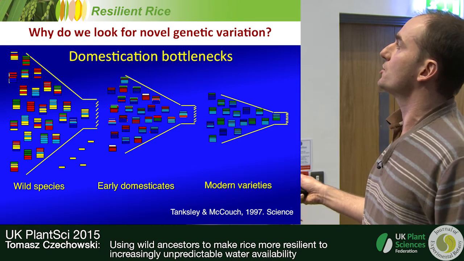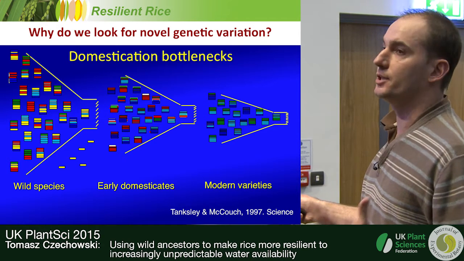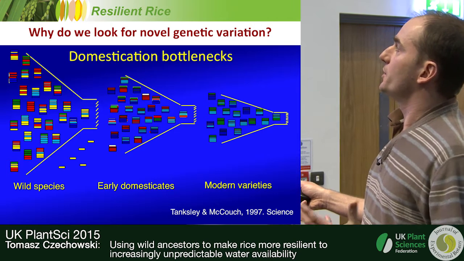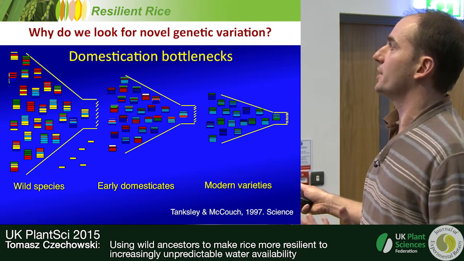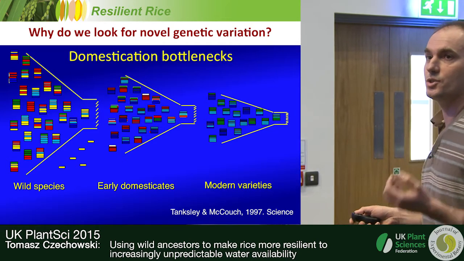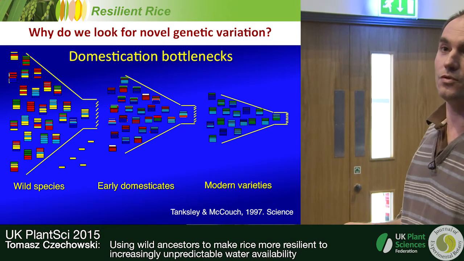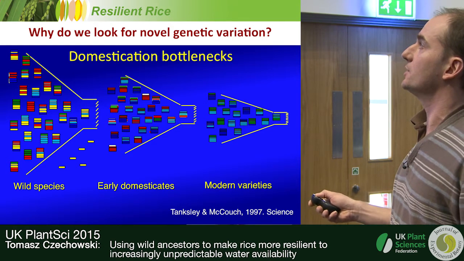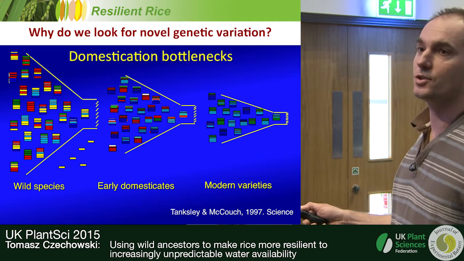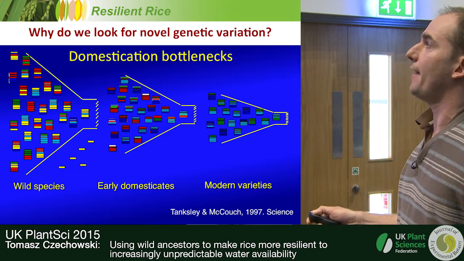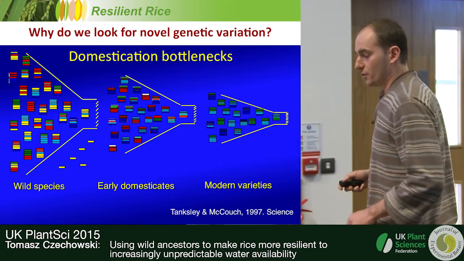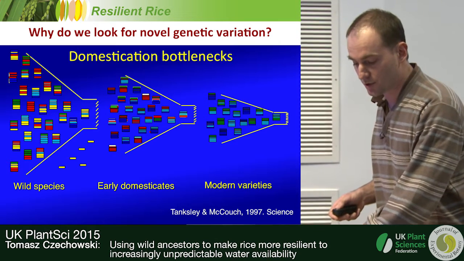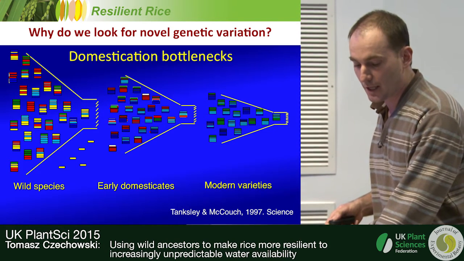At the end of the process, with the modern mega-yielding varieties we have at the moment, we started with something which looked like a grass, and now we have Chinese hybrid rice reaching 14 tons of grain per hectare. It's amazing yields. But on the way, we lost all this diversity, and that's why you have a problem of drought sensitivity in rice.